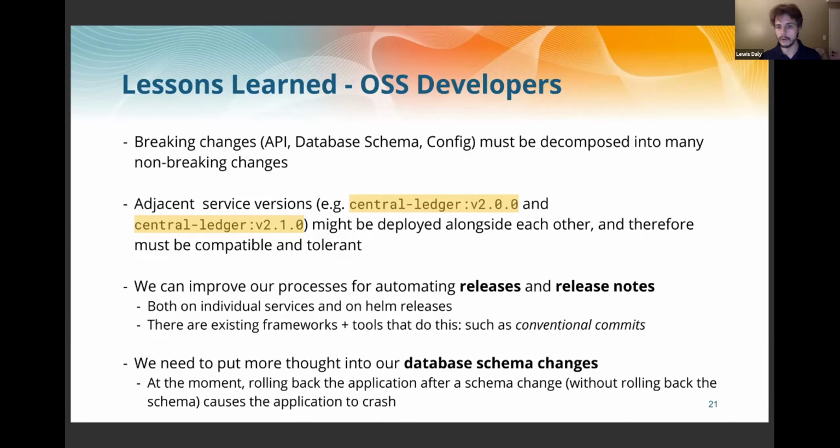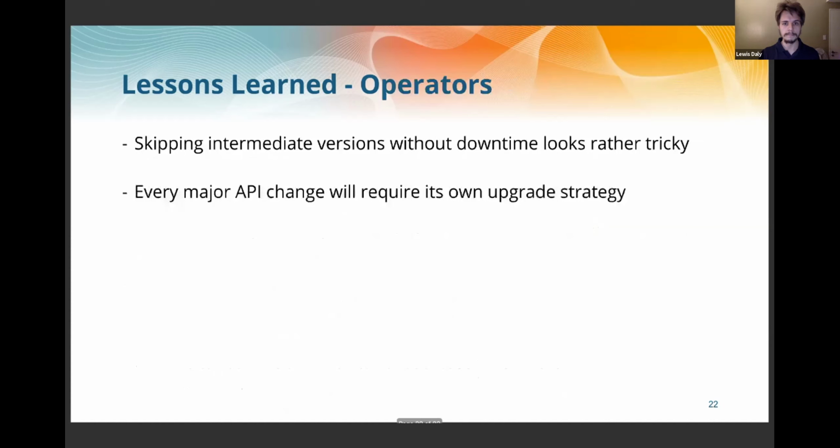Also doing things like improving our release notes. There are tools available for us to make release notes more automated and do automatic releases. And there are also already ongoing discussions about database schema changes in the DA, so we're looking forward to contributing and participating in more of those.